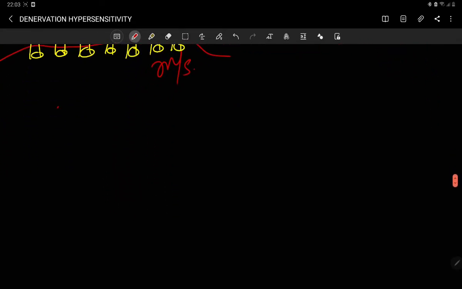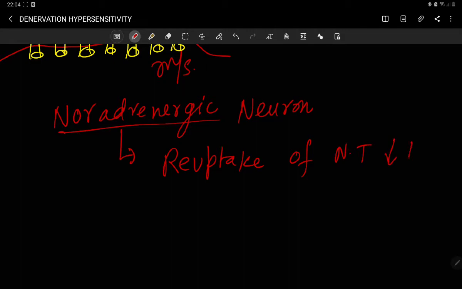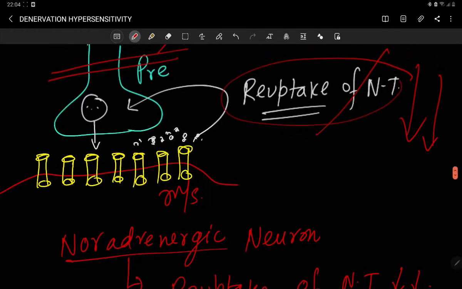This is mainly seen in the noradrenergic neuron. Generally in the noradrenergic neuron, reuptake of neurotransmitter is reduced.